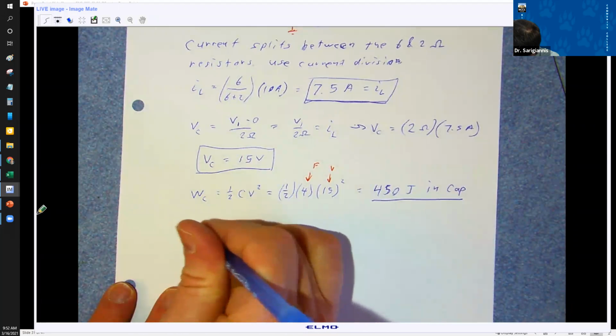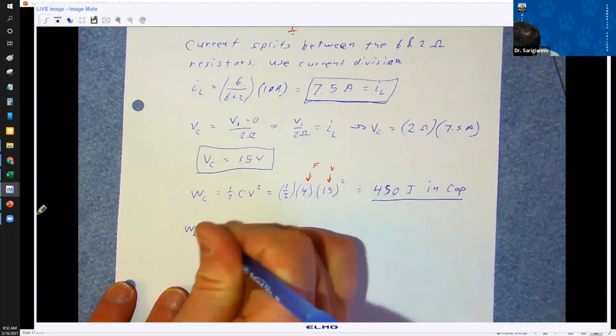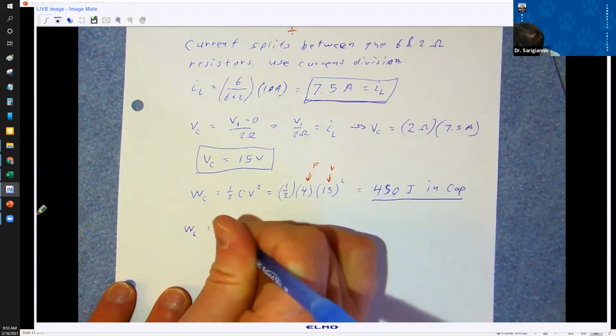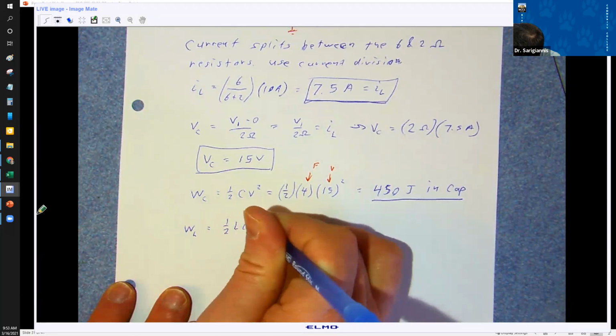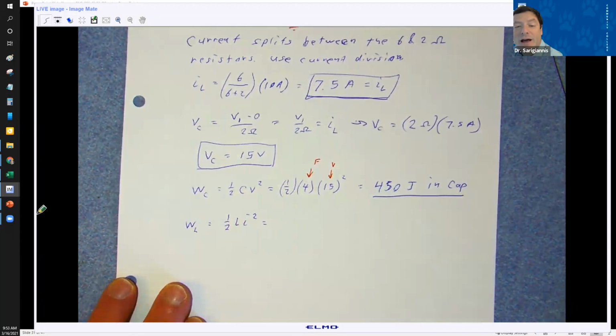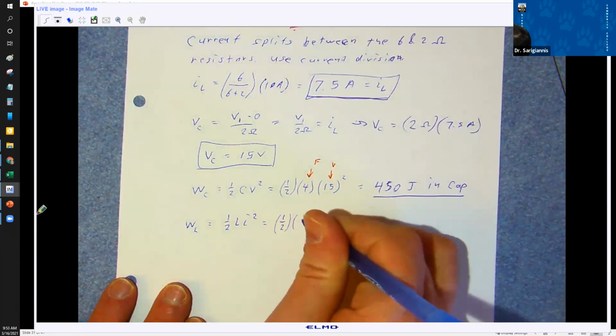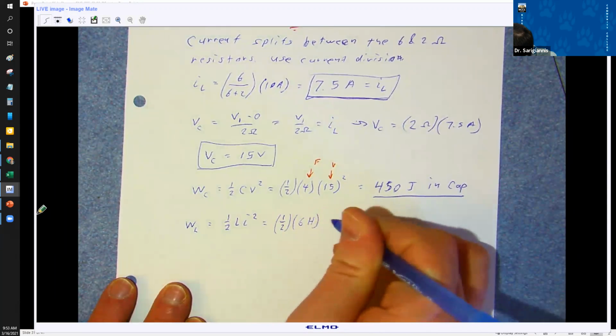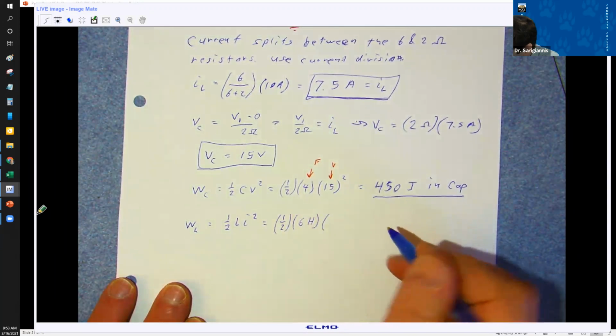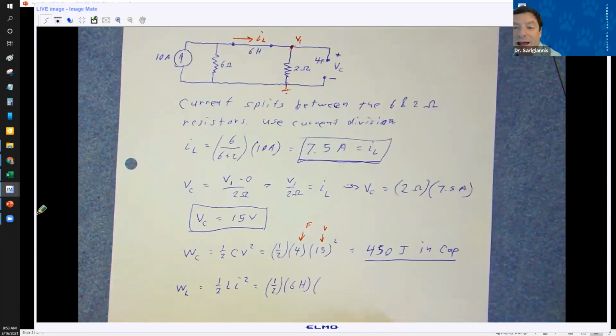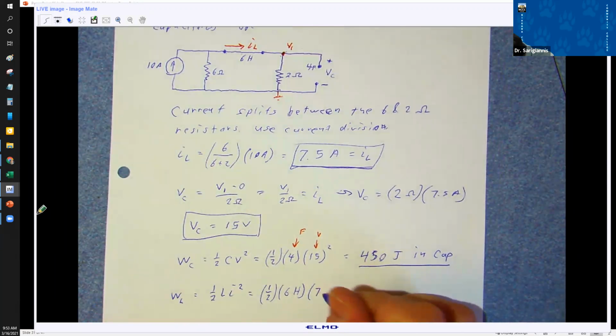All right, let's look at the energy stored in the inductor. So now we've got 1/2 inductance times I squared. And what were we given? We're given 6 henries for the inductance. I might as well write the units in. And the current, right, 7.5 amps squared.